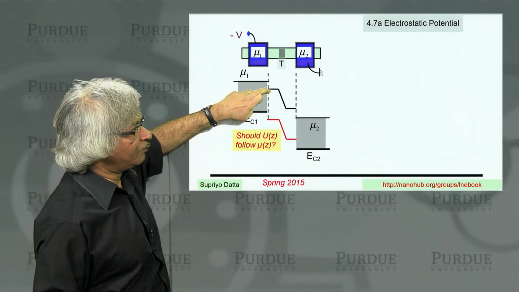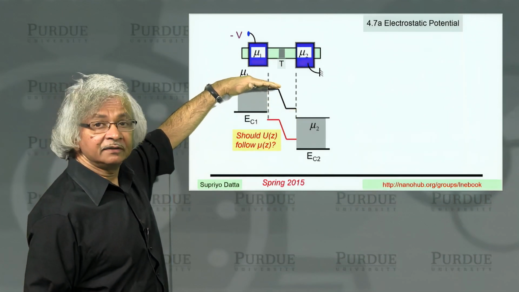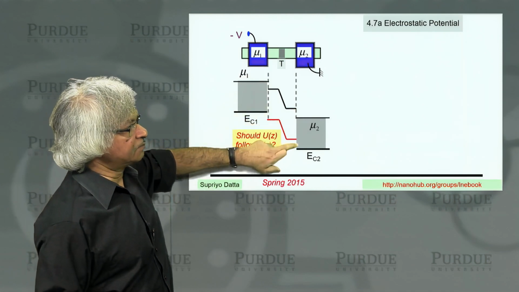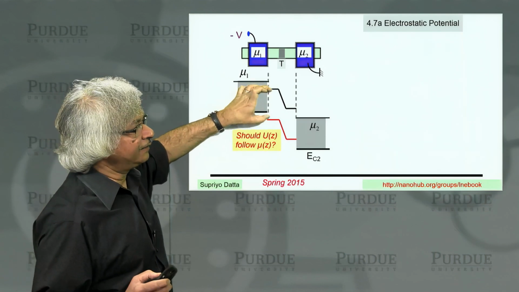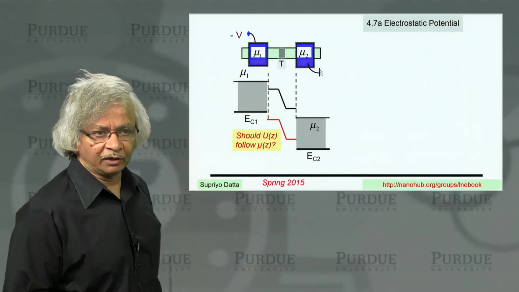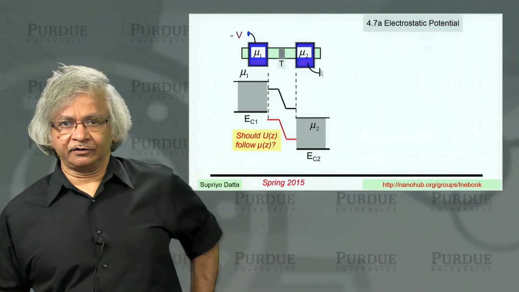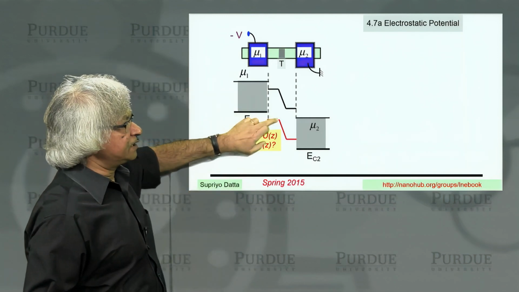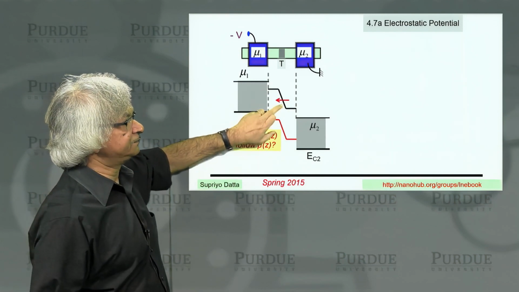Because remember, what mu denotes is roughly the level up to which things are filled. And you might think that the bottom should also follow that. But if it did that, then the electron density would remain unchanged from what it was before. And that, of course, cannot be quite right, because if the electrostatic potential is changing like this, it means there is an electric field in this region.